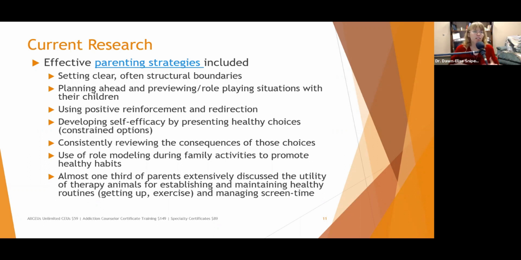That can even include, if they're starting at a new school, going to the school the day before or the week before, going to their classroom, sitting in their chair, doing all of those things so there's nothing new, there are no surprises. Use positive reinforcement of positive behaviors and redirection of dysregulatory behaviors or behaviors that you don't want.